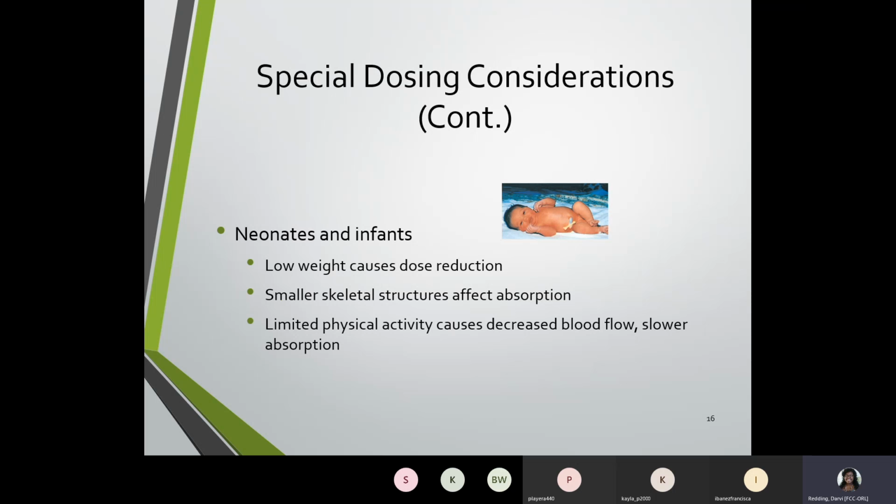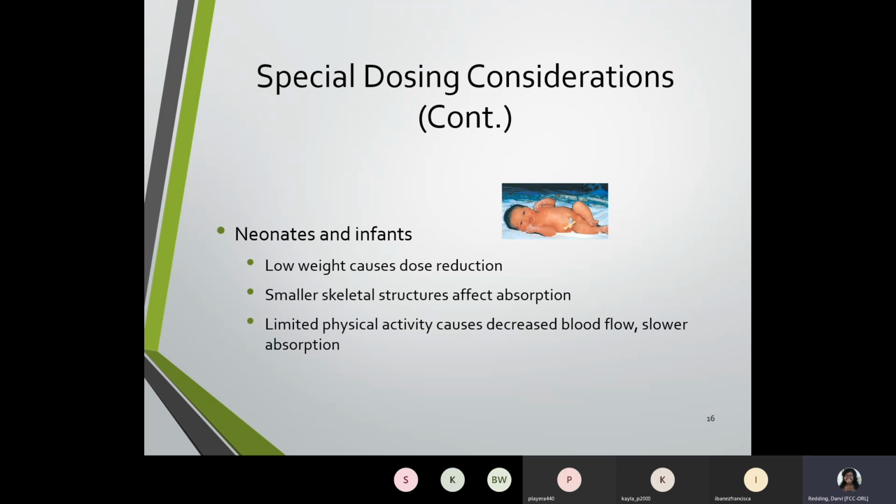Other considerations when we get into age, meaning the neonates or the infants. These could be low weight causes the dose reduction. The neonate has a smaller skeletal structure that can affect the absorption, and there's a limited physical activity that causes decreased blood flow and slower absorption.